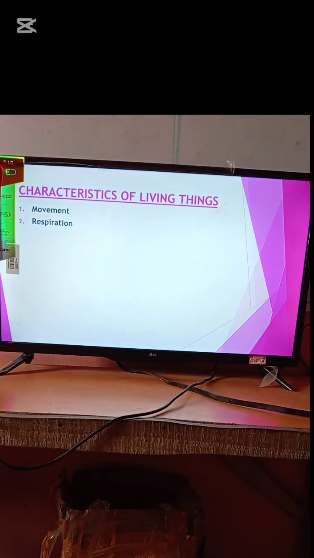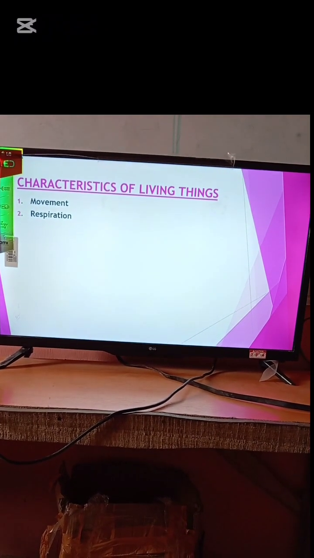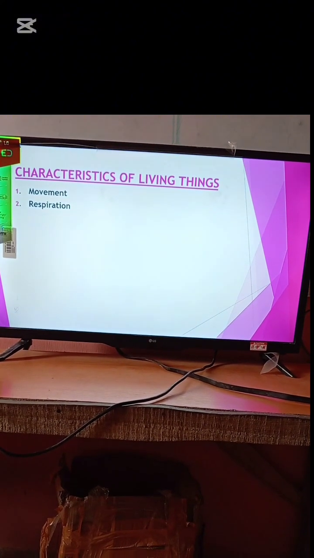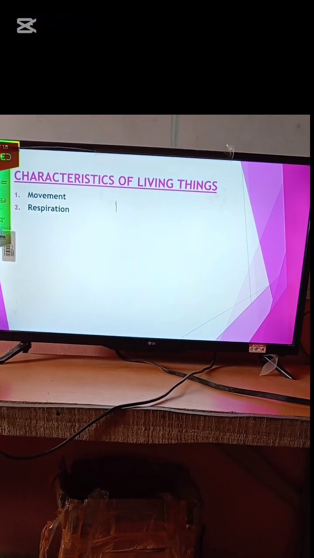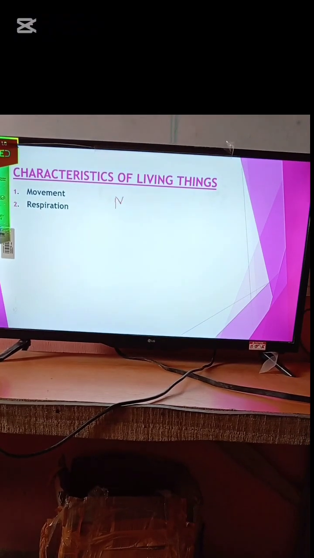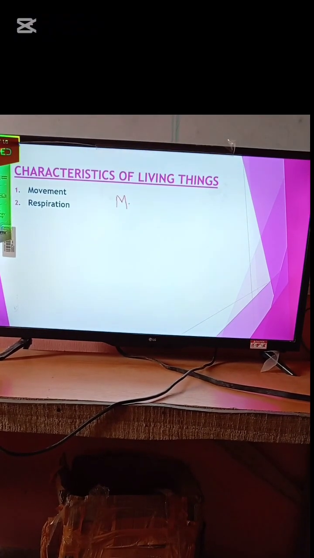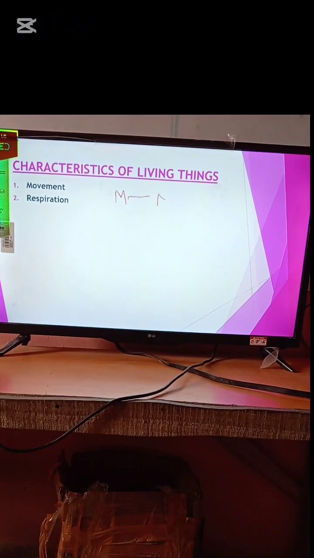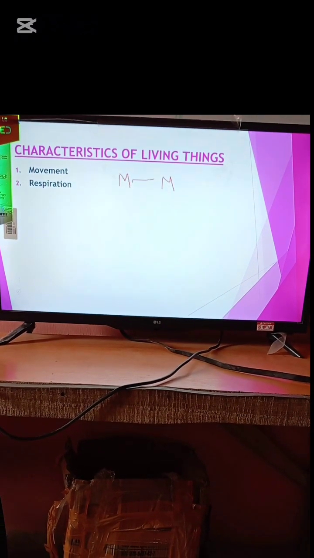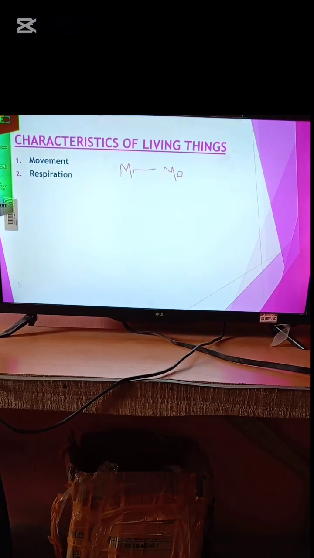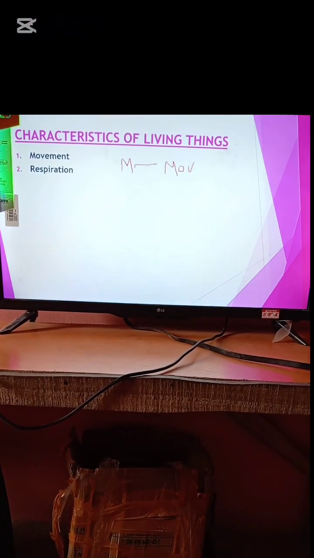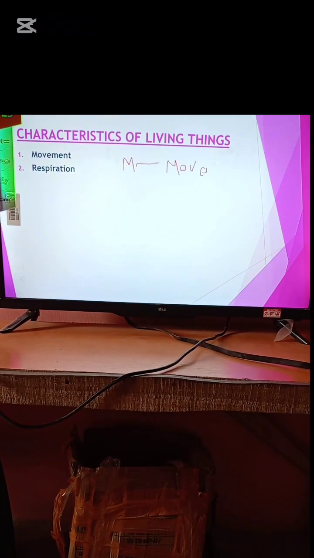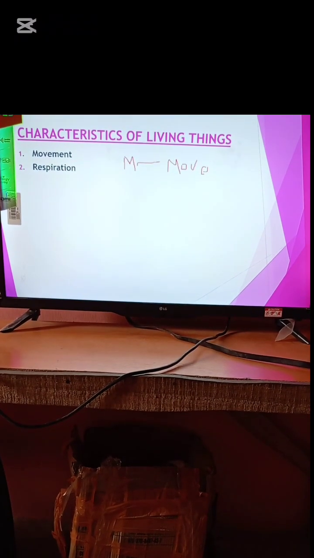So I'm going to give us a short form, a way to remember the characteristics of living things. First of all, M. M stands for movement. All animals can move their own body.